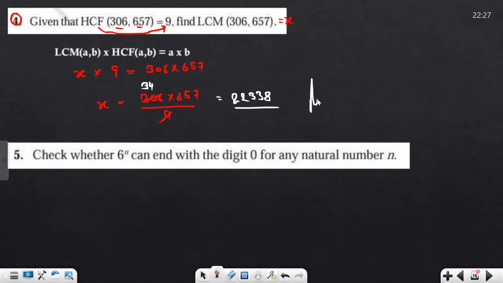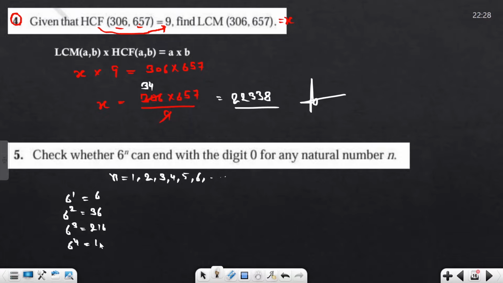Answer. I write in class like this: can 6 power n end with the digit 0 for any natural number n? N is a natural number, which means n is 1, 2, 3, 4, 5, 6, like this. 6 power 1 we get 6. 6 power 2 we get 36. 6 power 3 we get 216. 6 power 4, 1296, and so on.